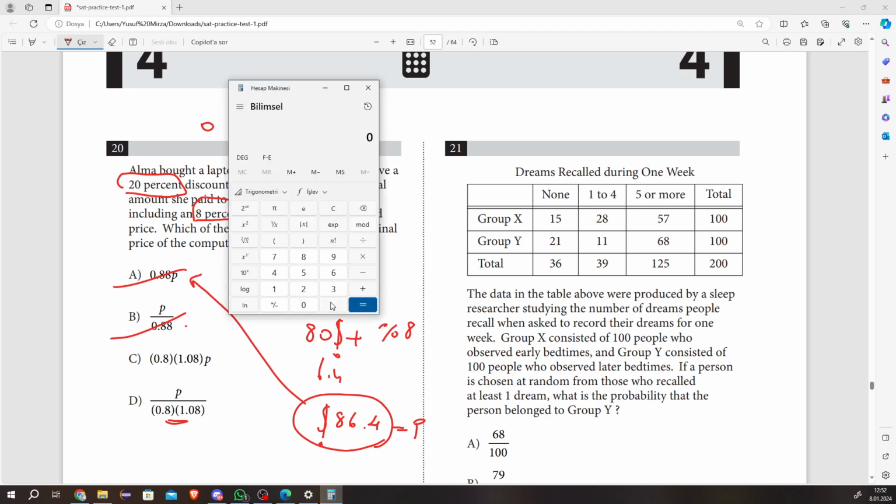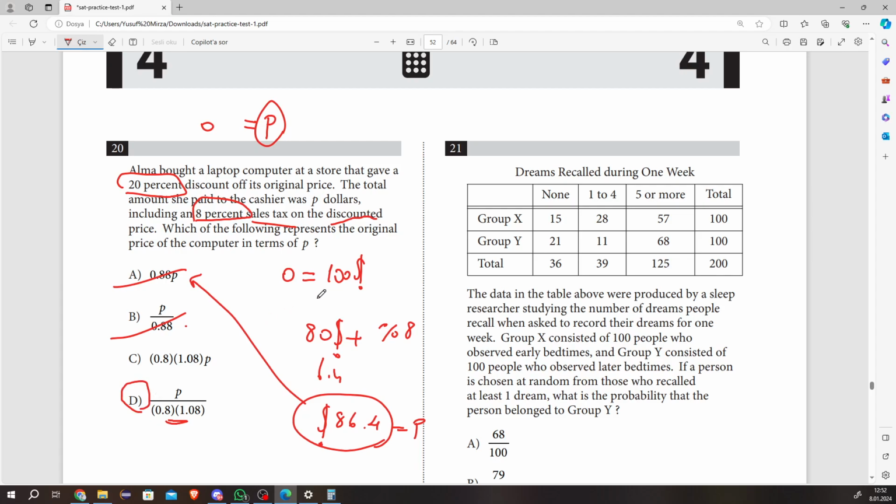Let's multiply them with each other. 0.864. So if you divide them, you should understand, and it makes 100.